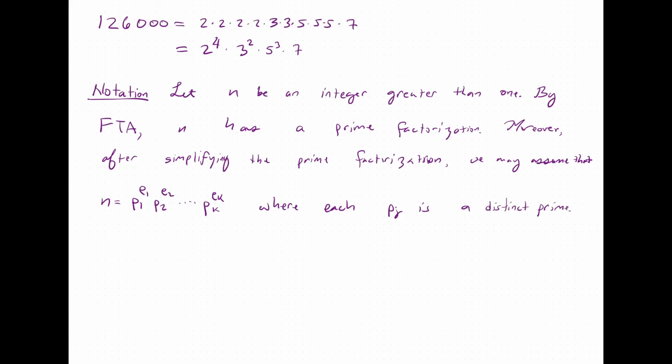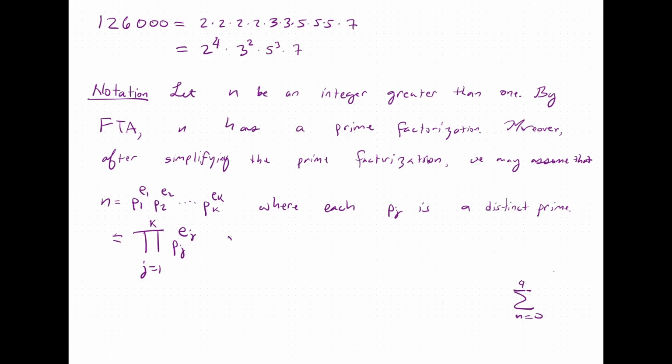And in the same way that in calculus, when we talked about infinite series, when we had a bunch of terms being added, we introduced a notation for the sum from n equals 0 to infinity, we have a similar symbol, the product. And so we can label this as the product from j equals 1 through k of p sub j to the e sub j.